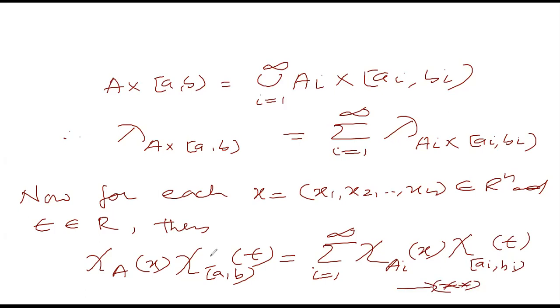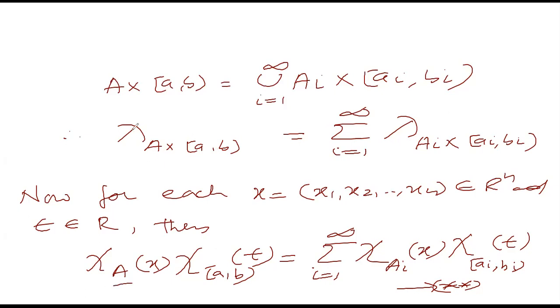So let me see this. Suppose x belongs to a and t belongs to ab. Then chi a of x is 1, and chi ab of t is 1. Okay, this side is equal to 1. But now we need to verify this side should also be equal to 1. Since x is in a, t is in ab, therefore x comma t belongs to the Cartesian product a cross ab.